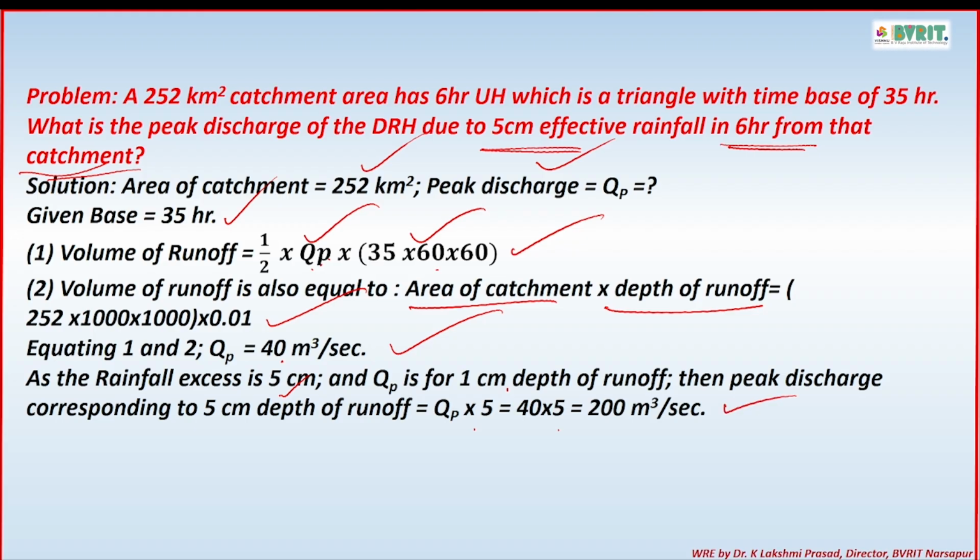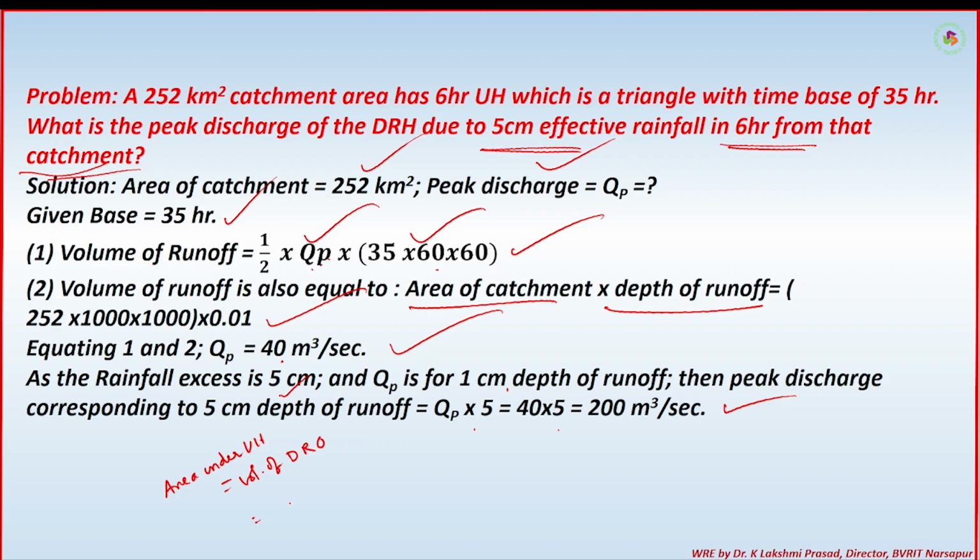So again see it. In one problem, you found the area of catchment. In another problem, you found the depth of direct runoff. In the third problem, you are finding the peak discharge QP. So the equations are the same. Once again, the area under the UH is nothing but the volume of direct runoff, right?